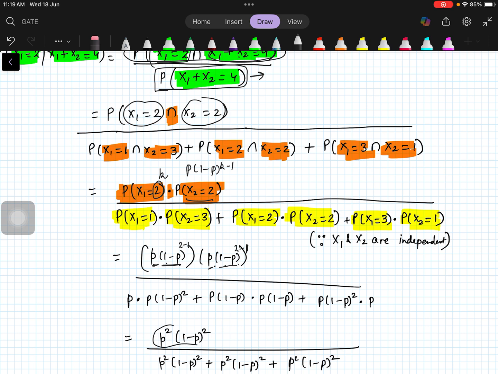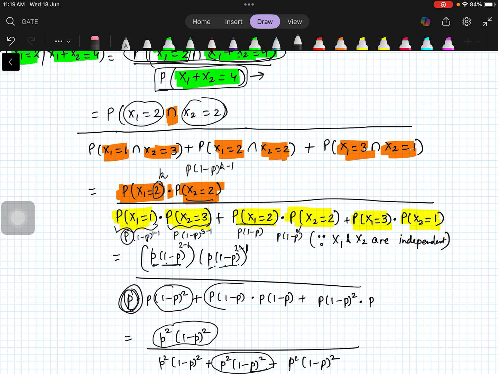So, that will be p square into (1 minus p) square. Similarly, here it will be p into (1 minus p) raised to power 1 minus 1, so only p, and then here it will be p into (1 minus p) raised to power 3 minus 1, so that is p into (1 minus p) square. Similarly, here it is p into (1 minus p), and here it is p into (1 minus p). So, that will be p square into (1 minus p) whole square.